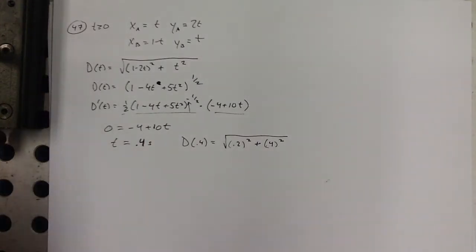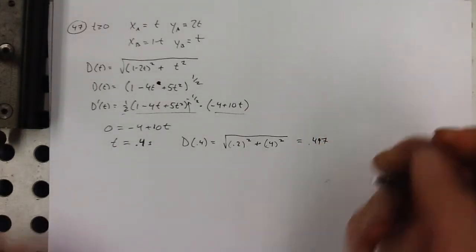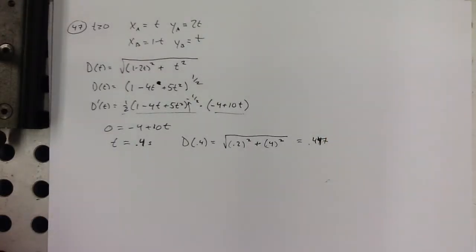And I don't know, I mean, you could try to get some kind of exact answer there, but let's just see what that's equal to with the calculator. Square root of 0.2 squared plus 0.4 squared. That's rounded to 3 College Board decimal places. That's 0.447. And this is an odd numbered problem, so we can check our answer.